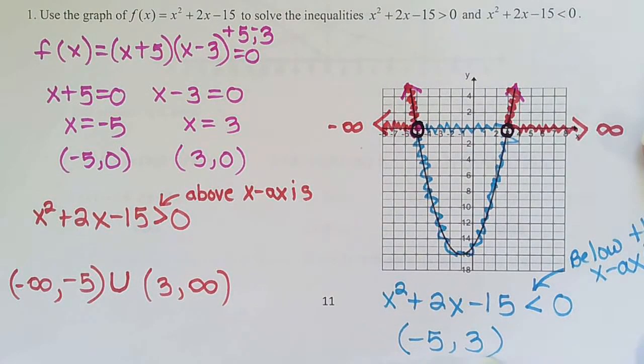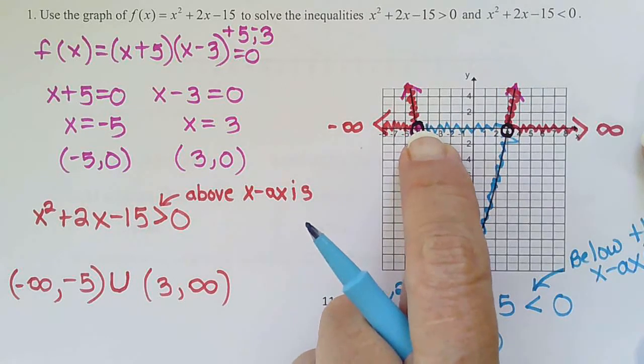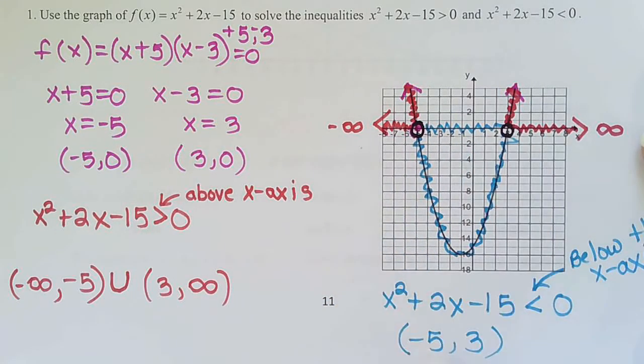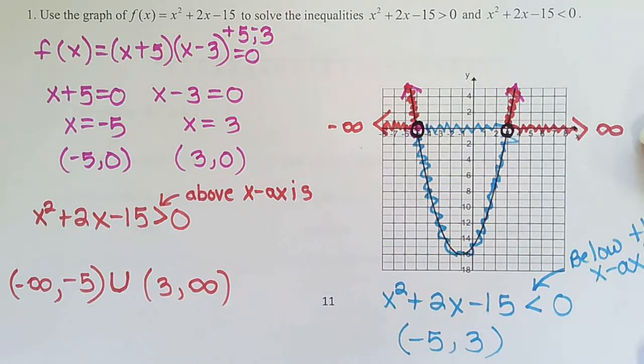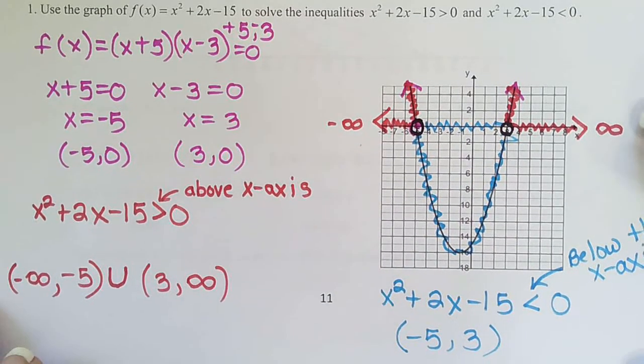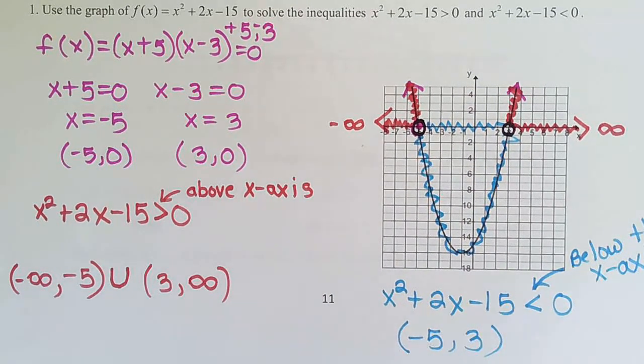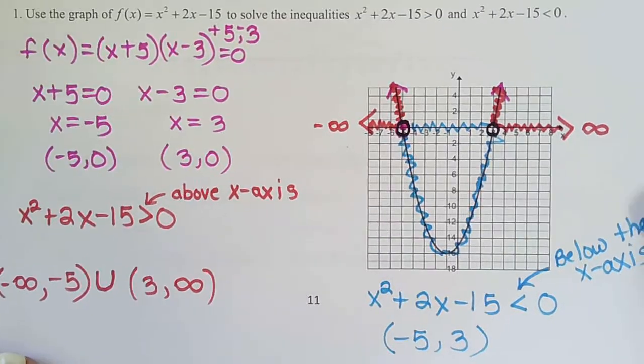So this is not the point (-5, 3). This is all x values from negative 5 up to 3 have y values that are below the x-axis. Fun, huh? And this is a fun section. Once you get used to it, you'll be like, oh, I like this. This is fun stuff.